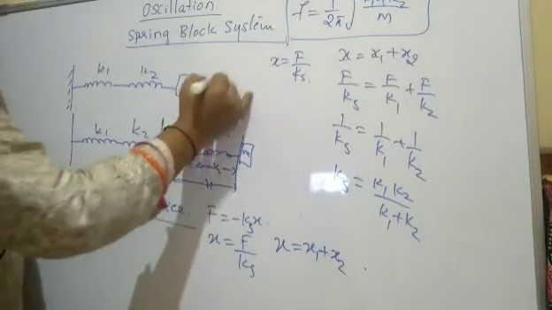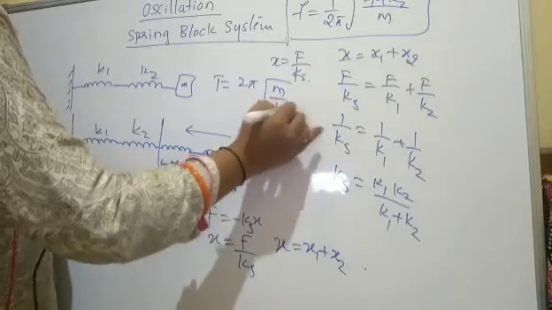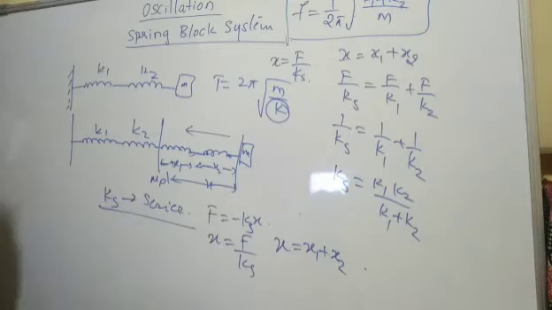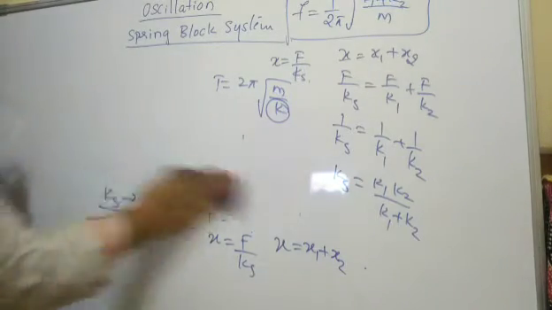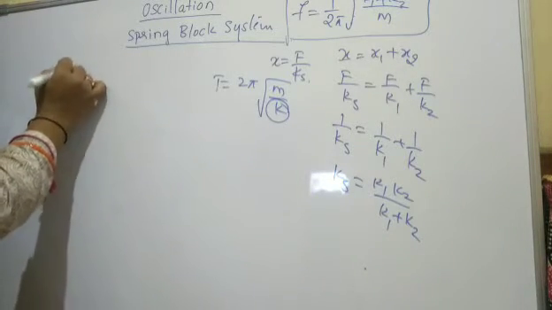So the total time period is 2 pi root of m by k. In place of k, you can just substitute this form. We'll get the series combination of springs attached to the body or a particle executing simple harmonic motion.